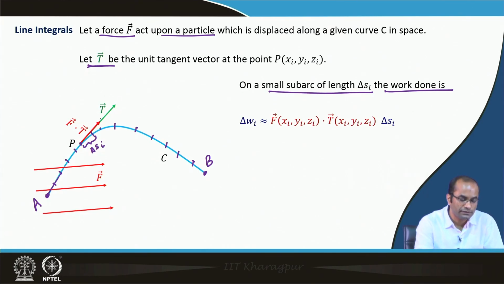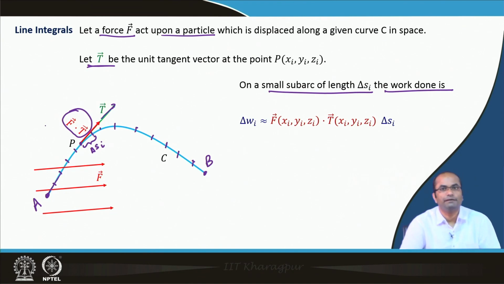For instance, here this is the tangent of the curve, and the unit tangent vector we have defined by this vector T. So, we will compute the component by this. This is a projection of F on this tangent, which is given by the dot product of F with the tangent vector T. This is exactly the component of the force acting along the tangent at any point, and then if you want to get the work done, this is the force and then the displacement is this ds_i along the arc.